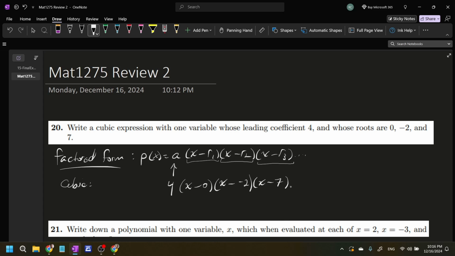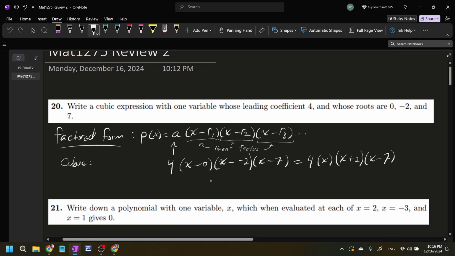Okay, neaten this up a bit, you get 4 times x times x plus 2 times x minus 7, and we're done. So please remember, factored form of a polynomial is p of x equals a times x minus root 1, and so on. These are all your linear factors of p of x.